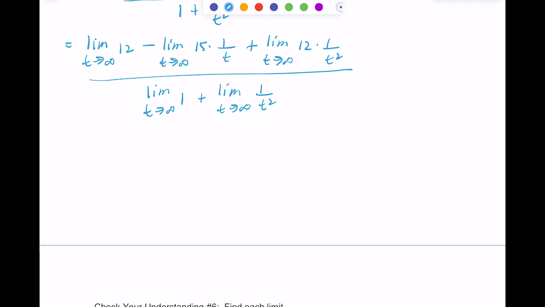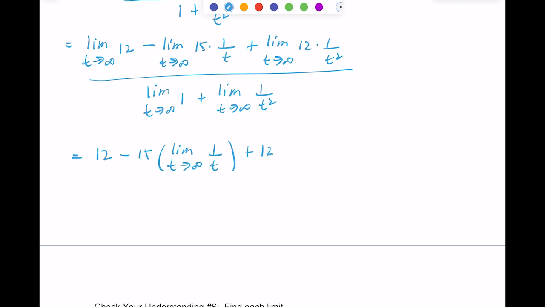And if you'll recall, here you're taking the limit of a constant, so that's just going to be 12. Here you're taking the limit of a constant, so that's just going to be 15 times the limit as t approaches infinity of 1 over t.